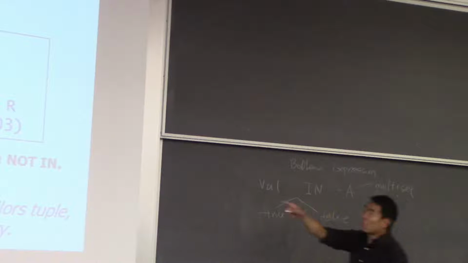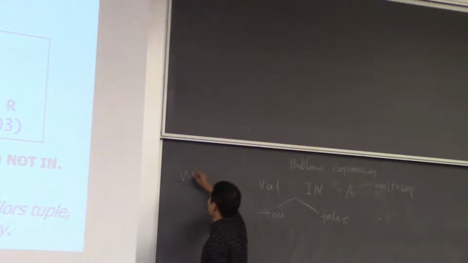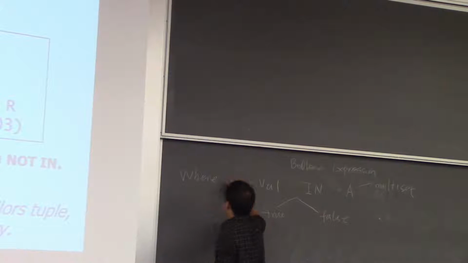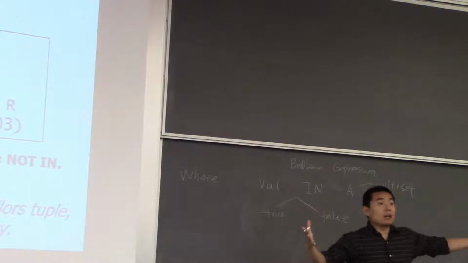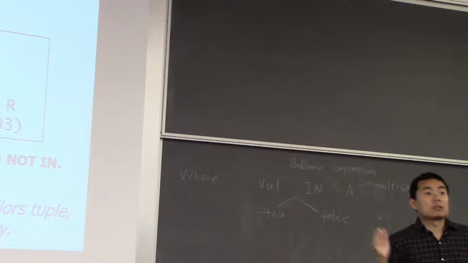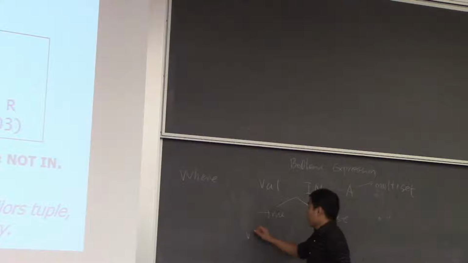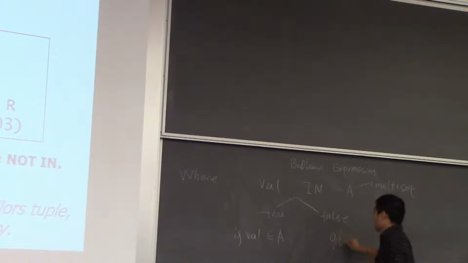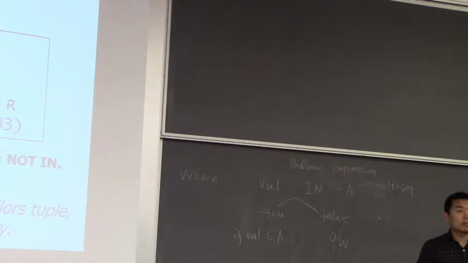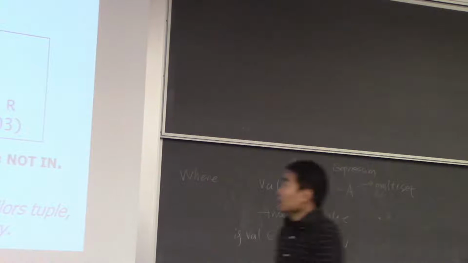That works because the WHERE clause expects a Boolean. At the end of the day, the WHERE clause expects you to return either true or false, nothing else. So this works: you return true if this value is in A and false otherwise. So that's the simple logic of this.